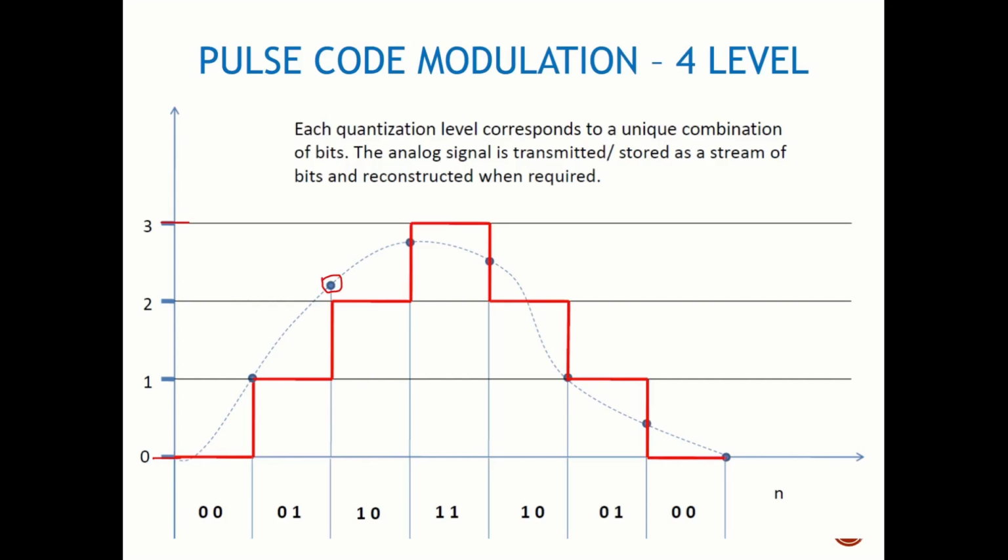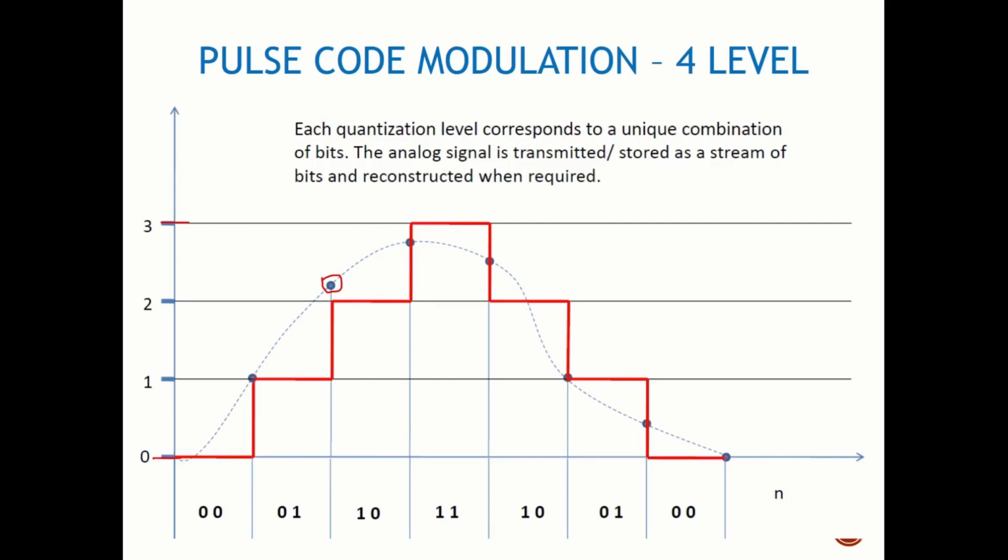So in this case, for example, the total number of levels that we have are 4. So each level is represented by a pair of binary numbers, because 4 levels can be represented by 2 binary numbers.